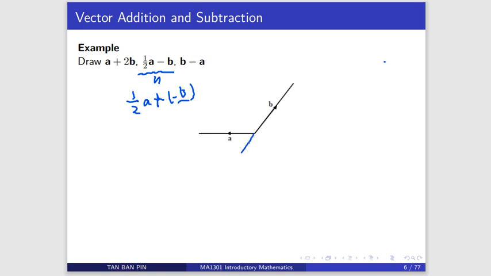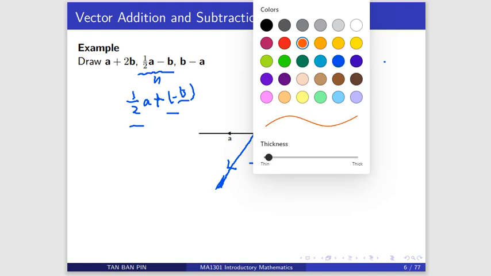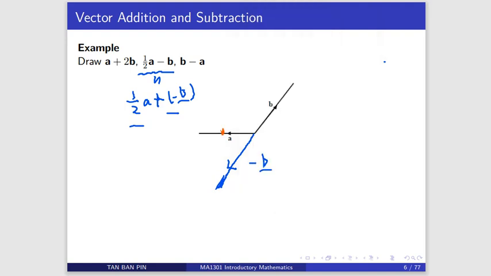So first you can draw negative B. So this is negative B. Negative B is in the opposite direction to B. And what you want is half A plus minus B. So it means you should consider half the length of A. So you start somewhere here, in the middle, so this will be half A, then plus minus B. So you draw minus B. And then this will be the resultant.